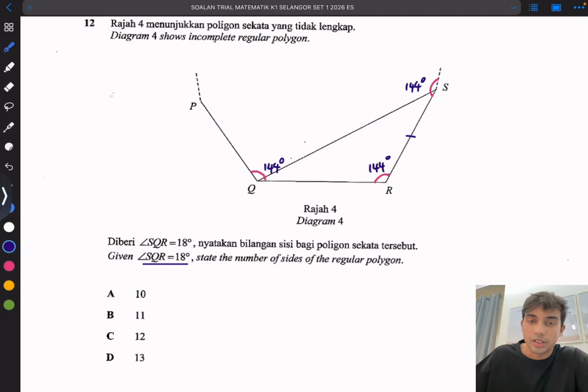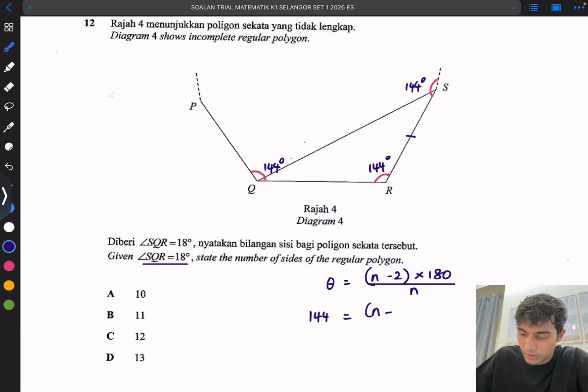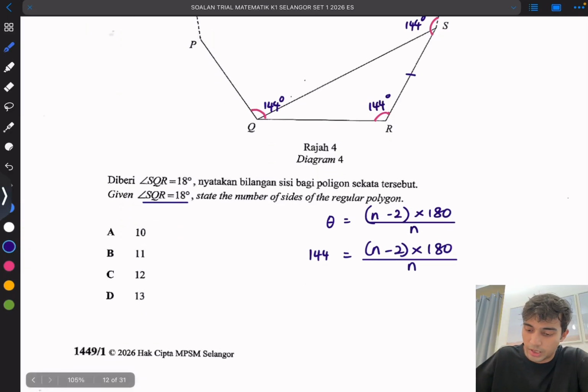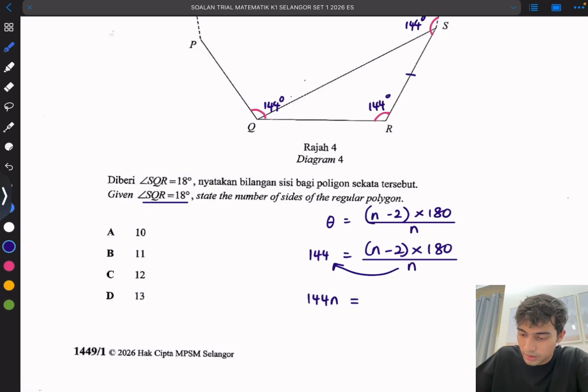So we can use the formula for interior angle. The interior angle formula is (n minus 2) times 180 over n. So our theta is 144. We need to find n. Okay, so I bring the n this side, it becomes 144n. n times 180 is 180n.